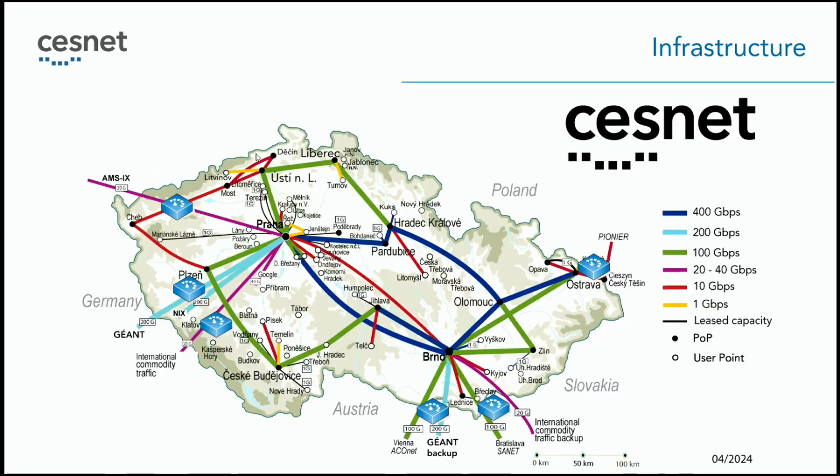And on this slide, this is around as close to the current infrastructure of the Cesnet network as it gets. You can see some 100 gig lines, 200, 400 gigabit lines. And what my department is focused on is network security.